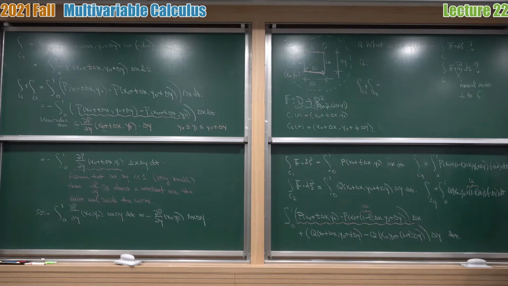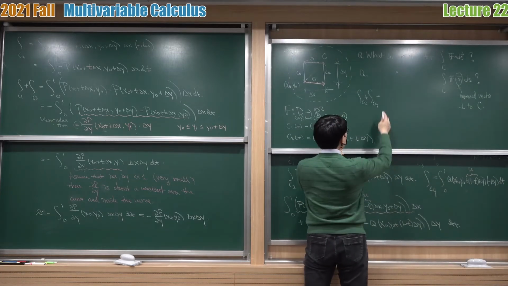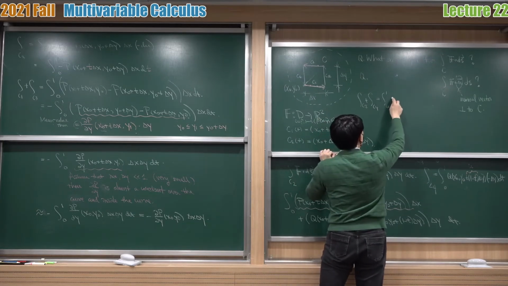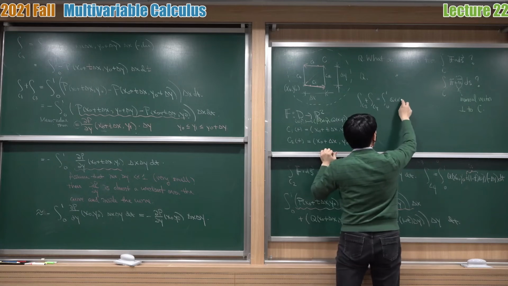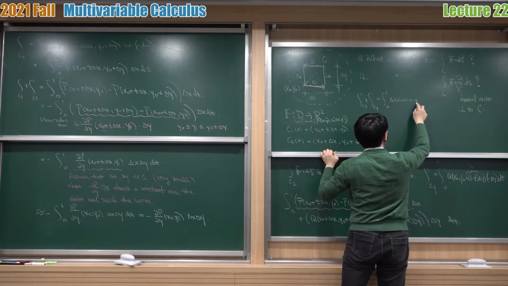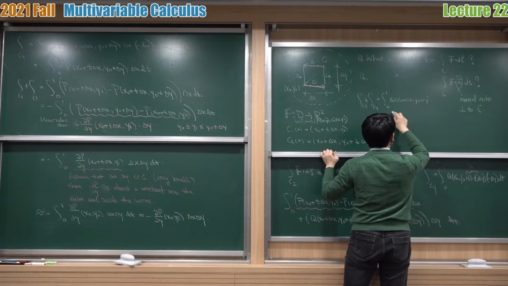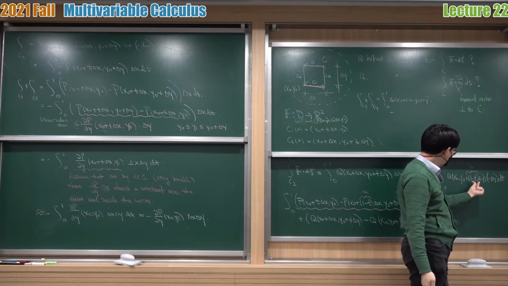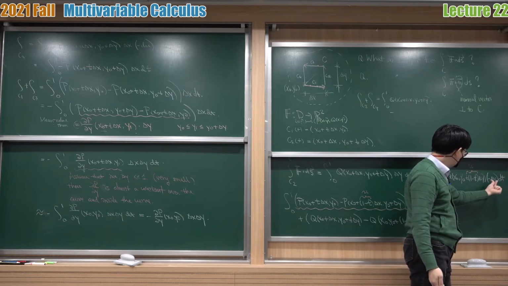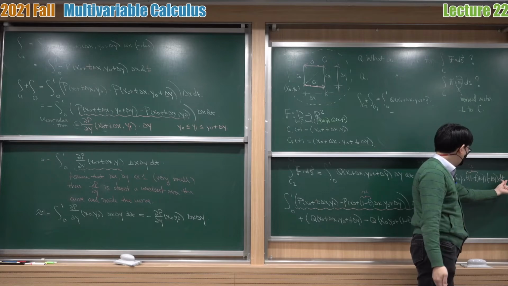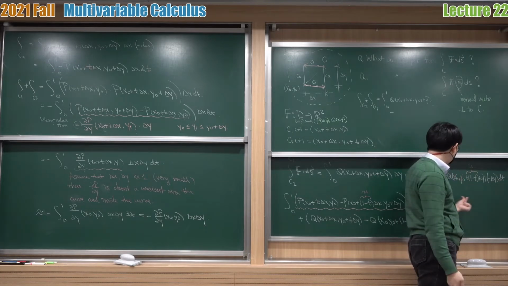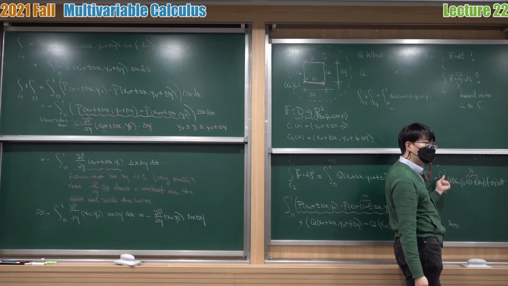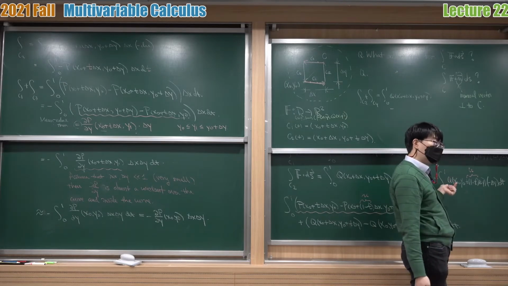So let's write the C2 first. It's Q of x0 plus delta x, y0 plus delta y. This part I replace as u, that's going to be this constant, and that's going to be minus delta u. And my limit will be changed to 1 to 0. So if I switch back to 0 to 1, I have a minus.